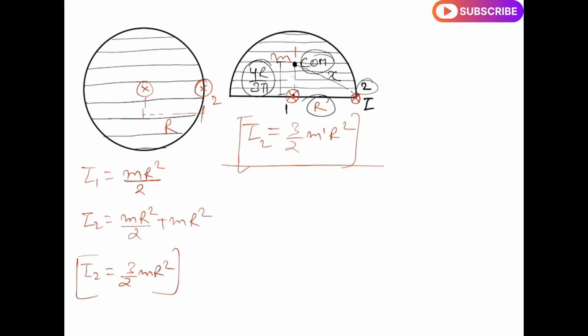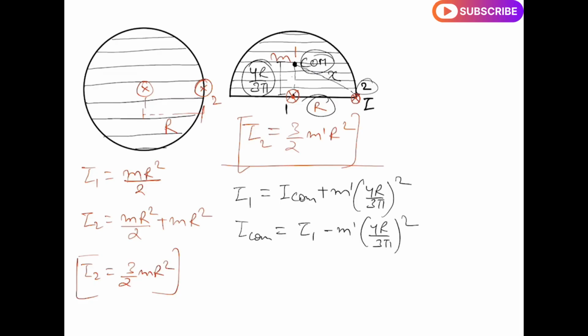So we can apply the parallel axis theorem between COM and axis 1. The moment of inertia about axis 1 is equal to ICOM plus m into (4r by 3 pi) whole square. So ICOM is equal to I1 minus m dash into (4r by 3 pi) whole square.